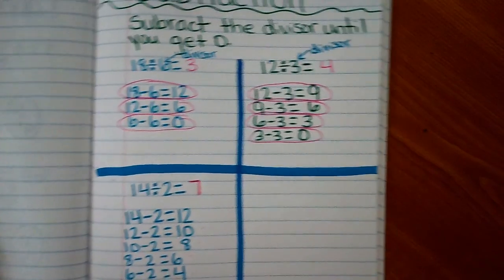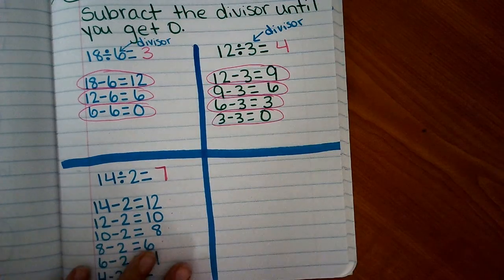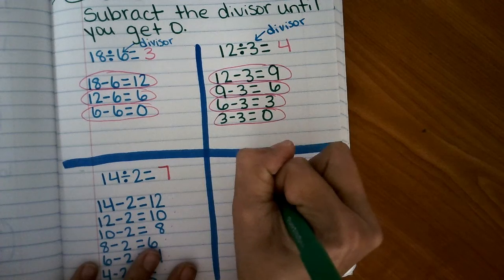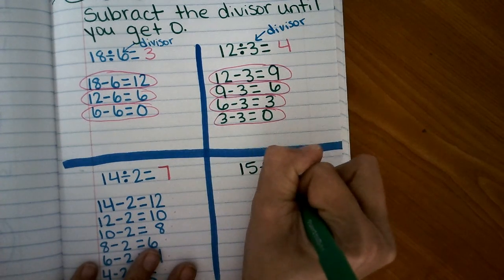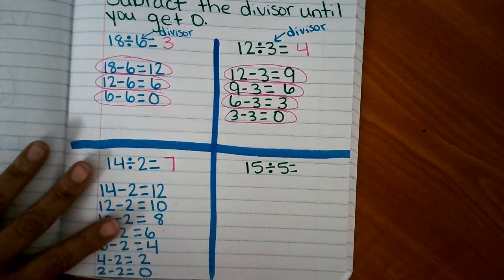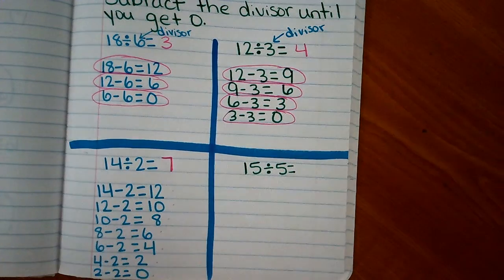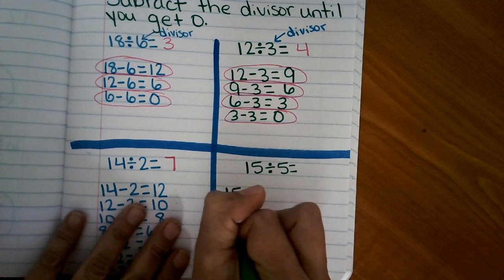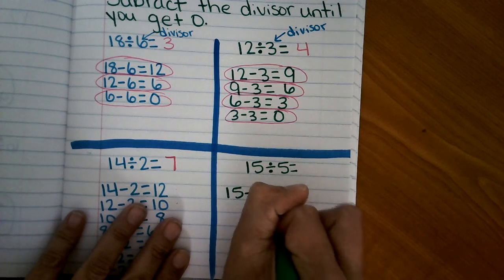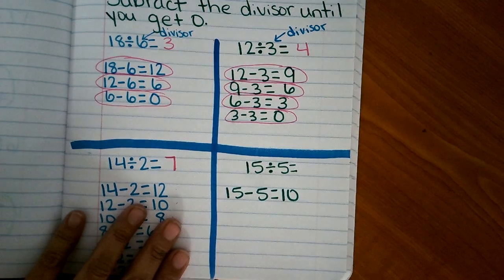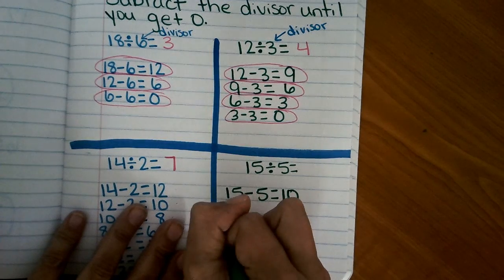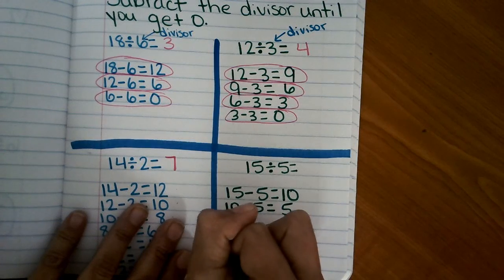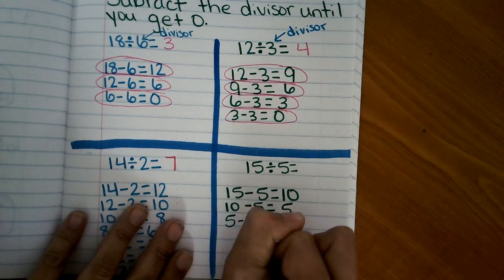Okay? All right. 15 divided by 5 equals something. Okay, I really like this strategy. So 15 minus 5 equals 10. 10 minus 5 equals 5. 5 minus 5 equals 0.